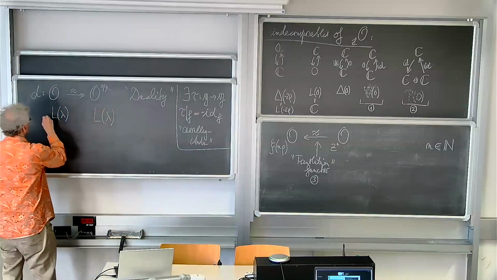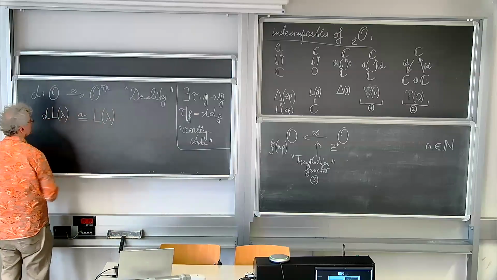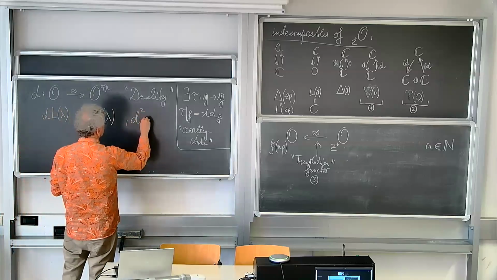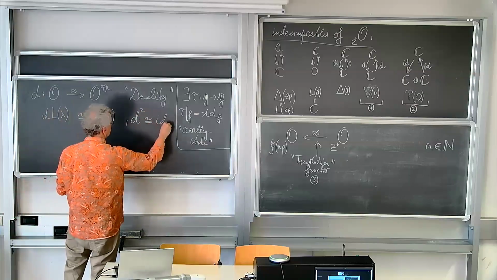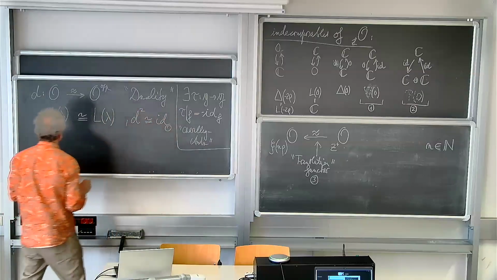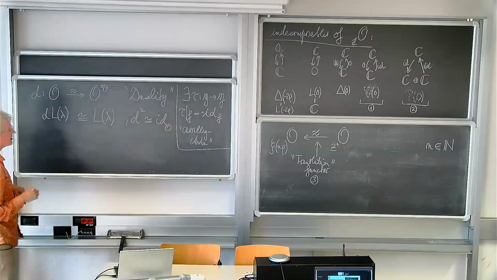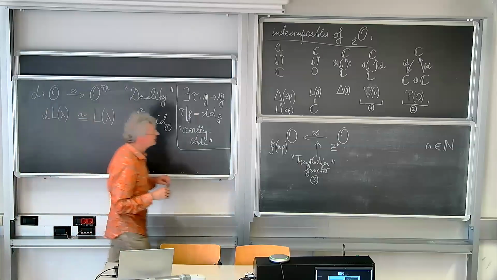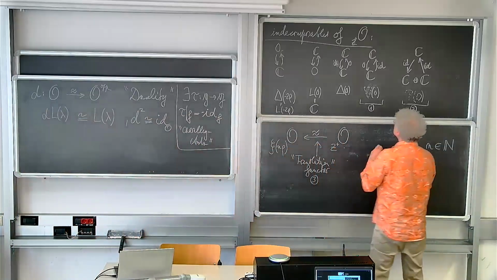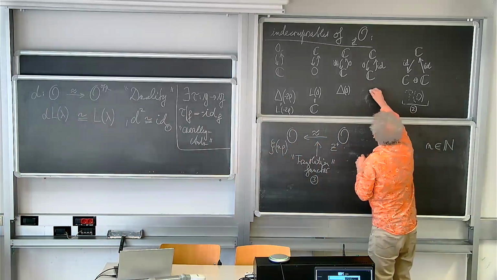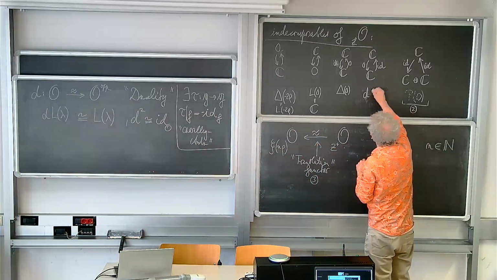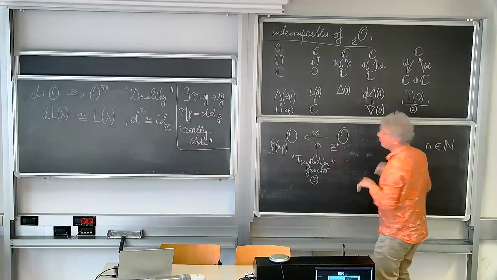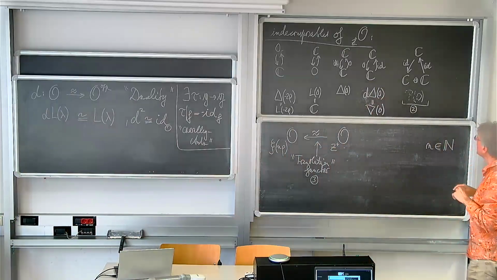Let's be careful: the dual of L(lambda) is isomorphic to L(lambda). And D squared is isomorphic, as a functor, to the identity on O. Very well, and that's it. And then this thing here is just defined to be the dual of the Verma module, also for general lambda.